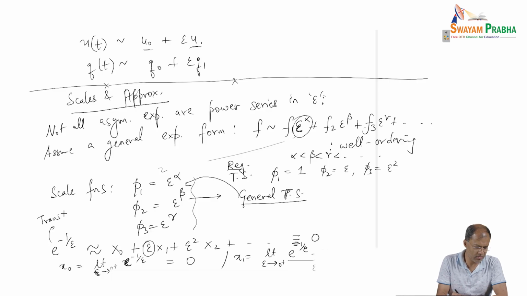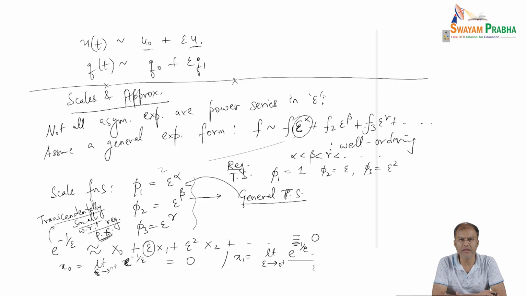This is transcendentally small with respect to regular power series, and that is why we are having a problem in representing this function using a regular power series expansion.